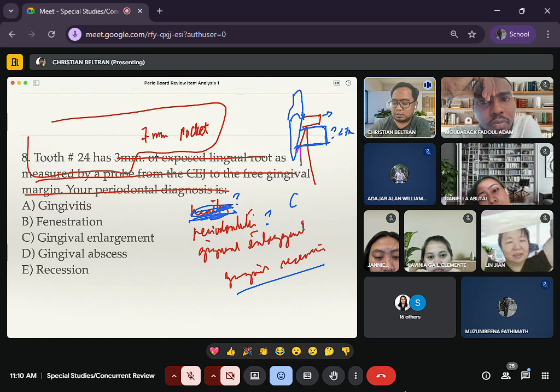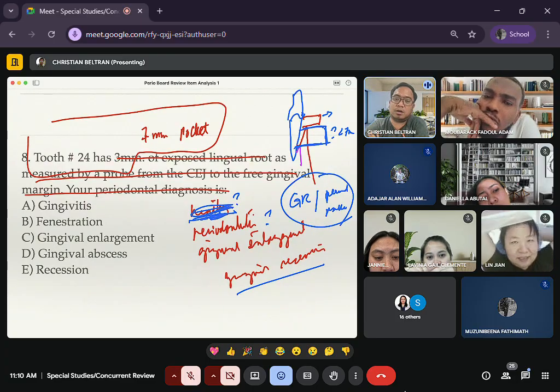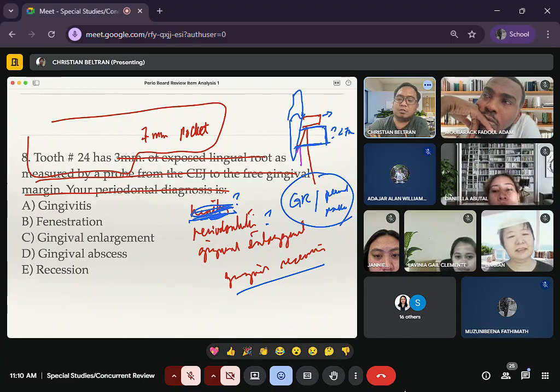So gingival recession and periodontal pocket can exist at the same time. That's why we have PPD, GR, and CAL. You record the PPD, you record the CAL, you record the GR, or the gingival recession of the patient.